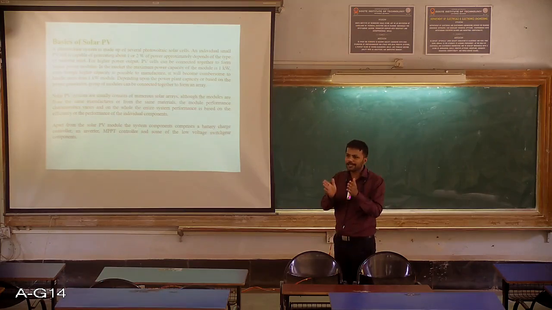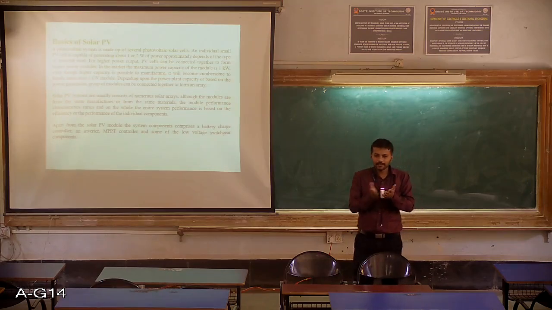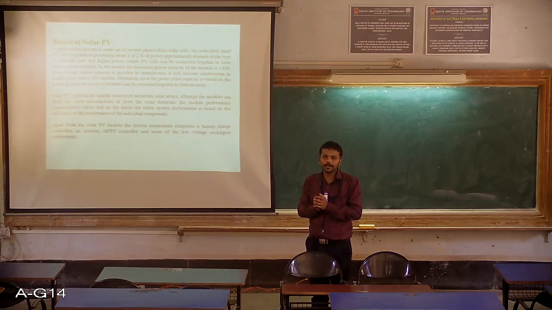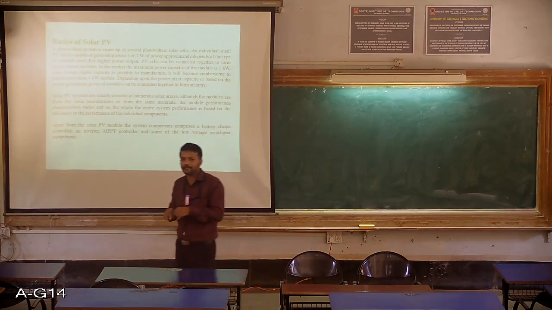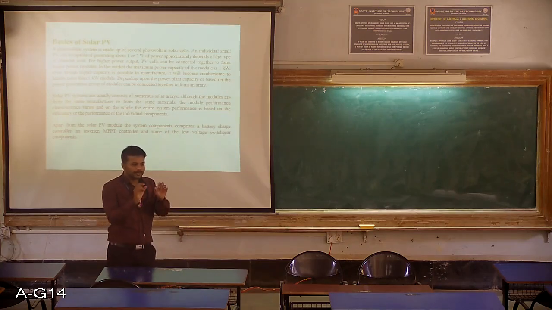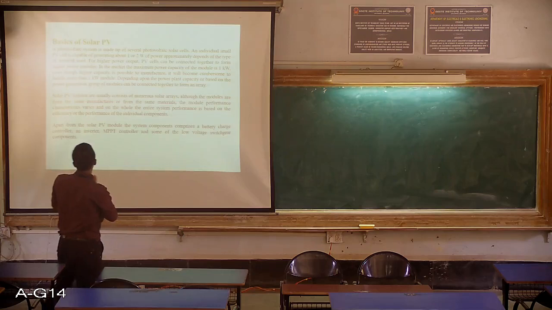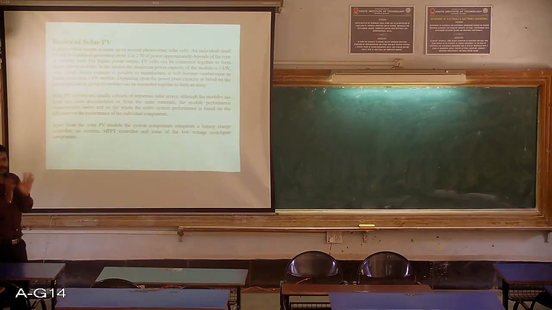In the market, the PV modules available are generally made of 1 watt cells. If one module has 10 cells and each cell is 1 watt, we can conclude that the module is a 10 watt one. That is the meaning of this. Each cell produces approximately 1 or 2 watts of power.